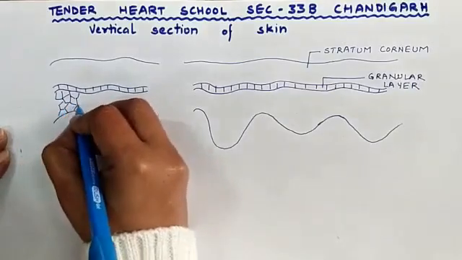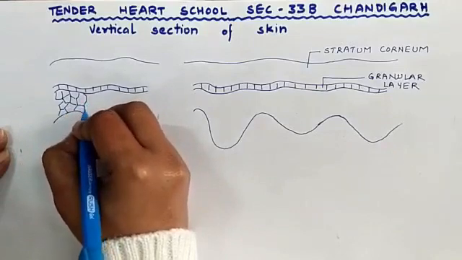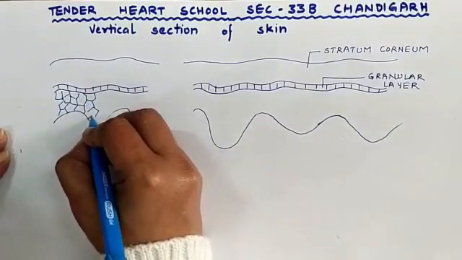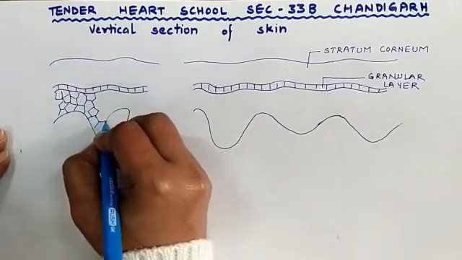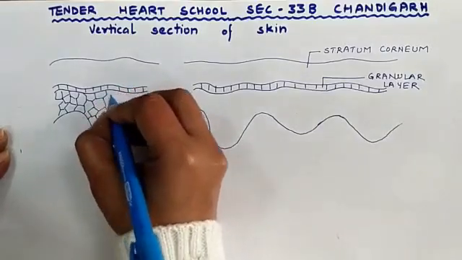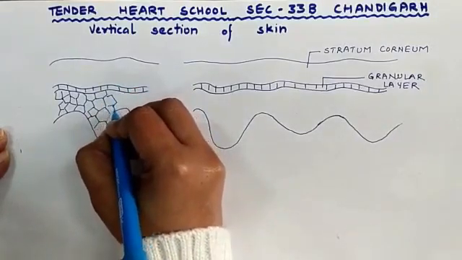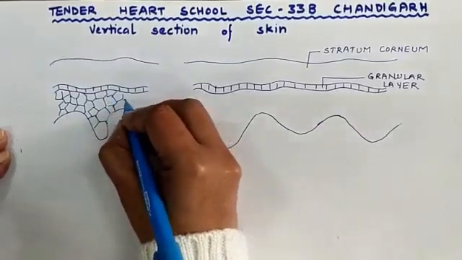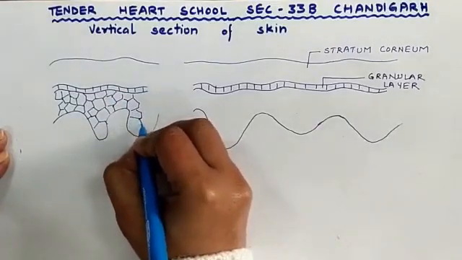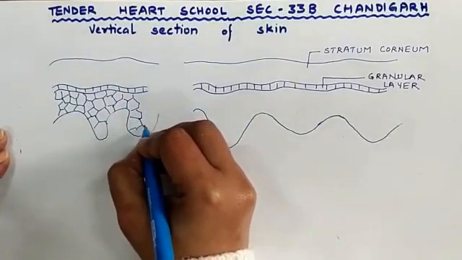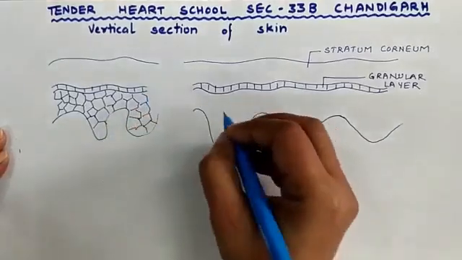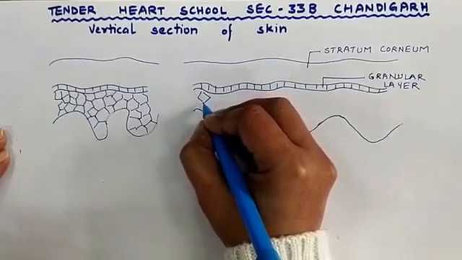You have to show the different layers with different kinds of cells. The depiction should be different so that we can make out which one is the stratum malpighi, which one is the stratum corneum, and the third one, the granular layer. So just draw the different kinds of cells. This way you can fill up the whole of the Malpighian layer. It is also called stratum malpighi, or the germinative layer.